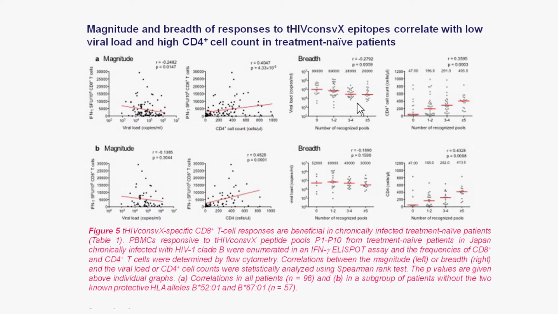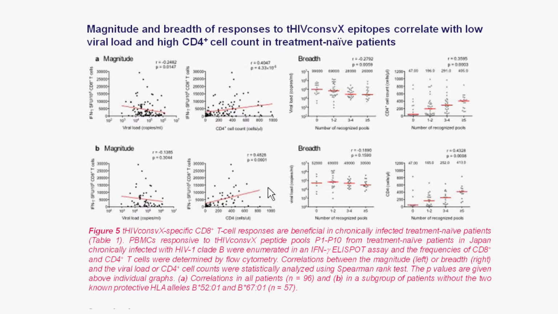This shows the breadth, in terms of the number of 10 pools of these peptides that the patients are responding to. The broader the response, the lower the virus load; the broader the response, the higher the CD4 cells, the higher the preservation of the immune system.